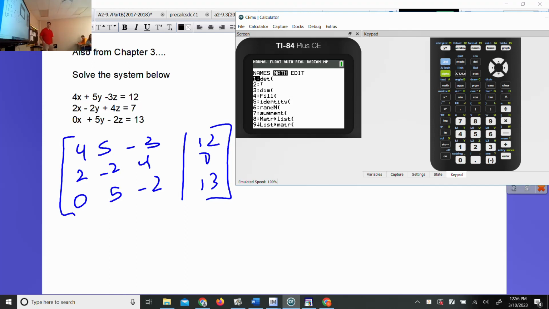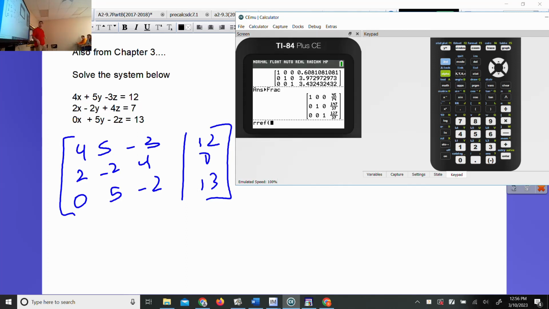Remember, that's why I said it that way. Not one under, two below. Second quit, second matrix, go to math, two below comes rref, reduced row echelon form.